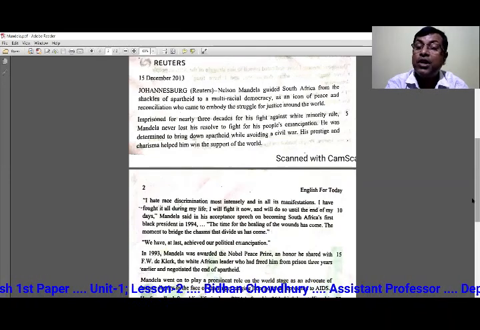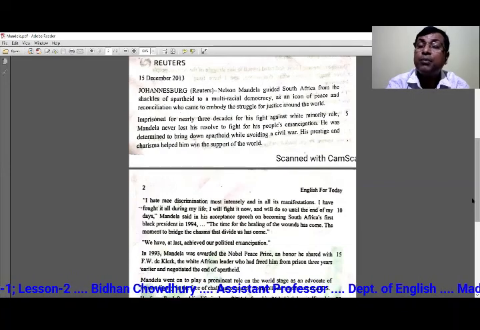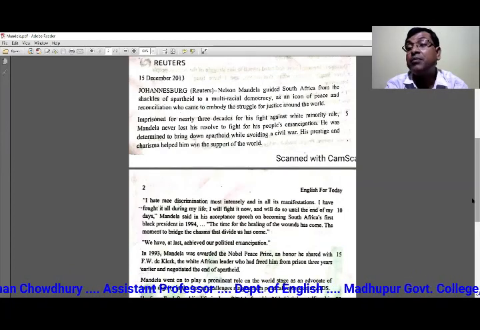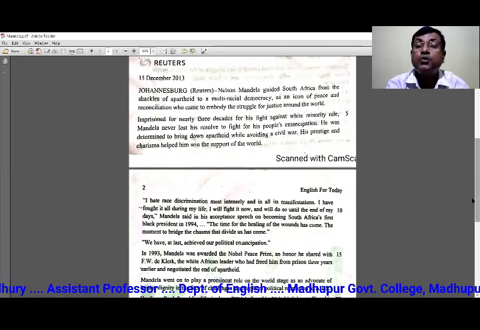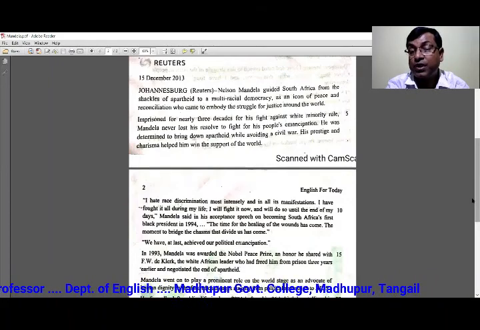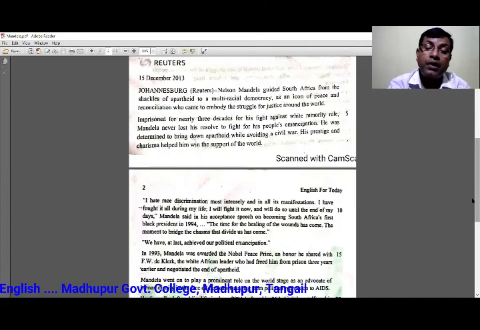That means we have put an end to the black law of apartheid, and we have become successful in establishing a multiracial democracy in South African society. It is actually our political emancipation.